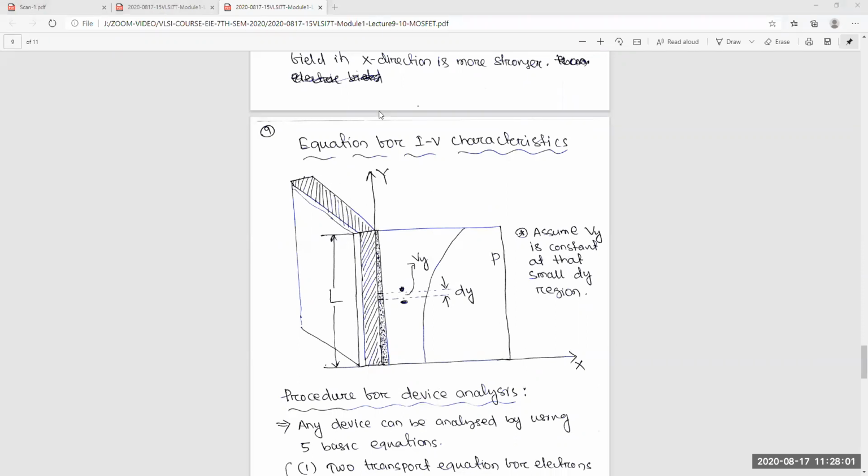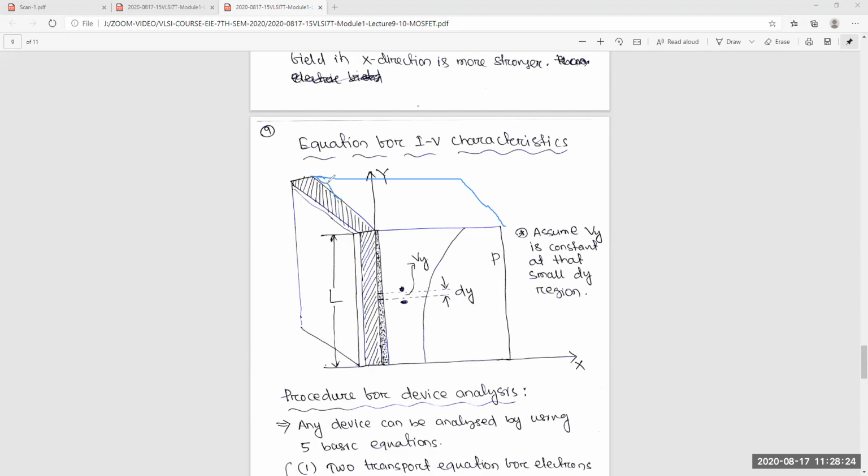So this is the actual device. The current will flow from the source to the drain throughout this region. This is the channel.